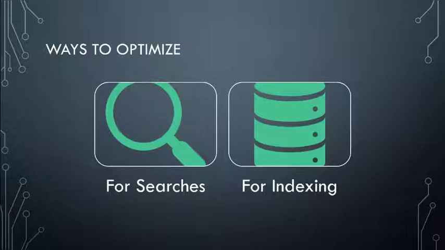If you don't often get new documents, but get a lot of searches each day, then you should probably focus your efforts on optimizing for searches. If on the other hand, searches are few and far between, but you get new information a lot of the time, then indexing optimization should be your priority.